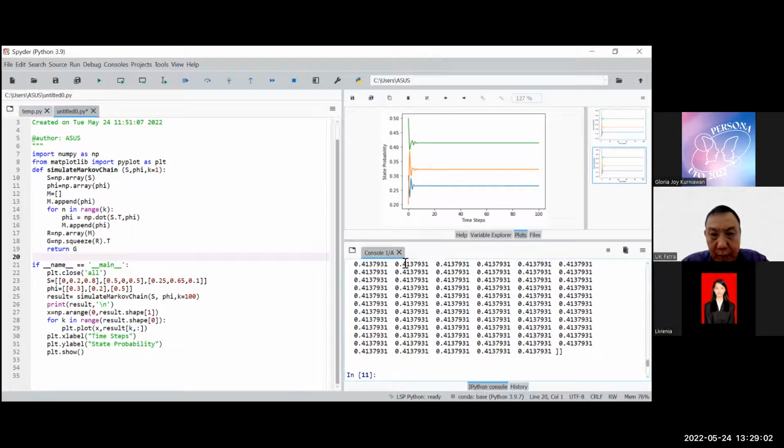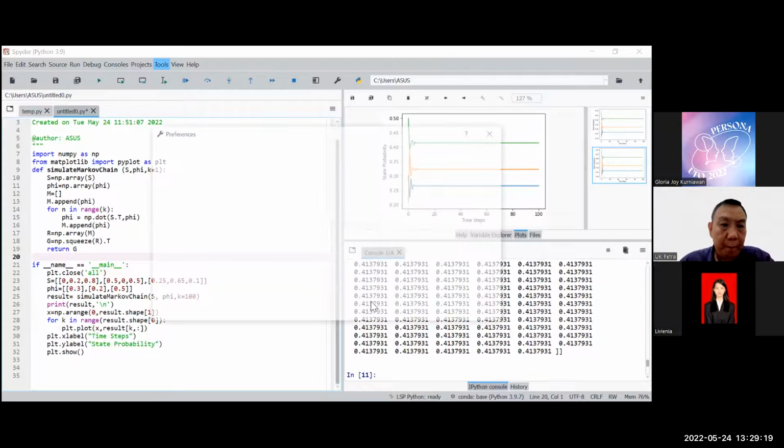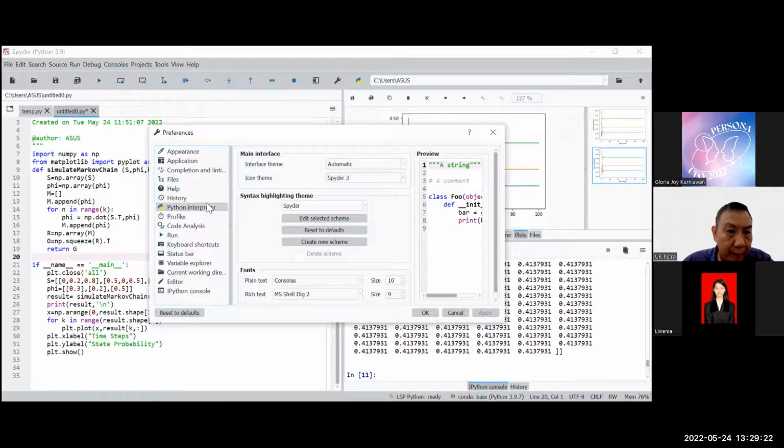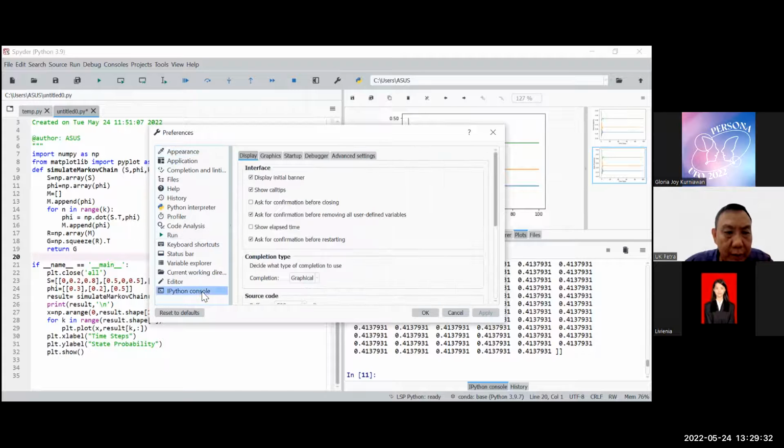You can go to tools, tools, preferences, graphics. Is there any graphics there? No graphics. Maybe IPython. Is it IPython?